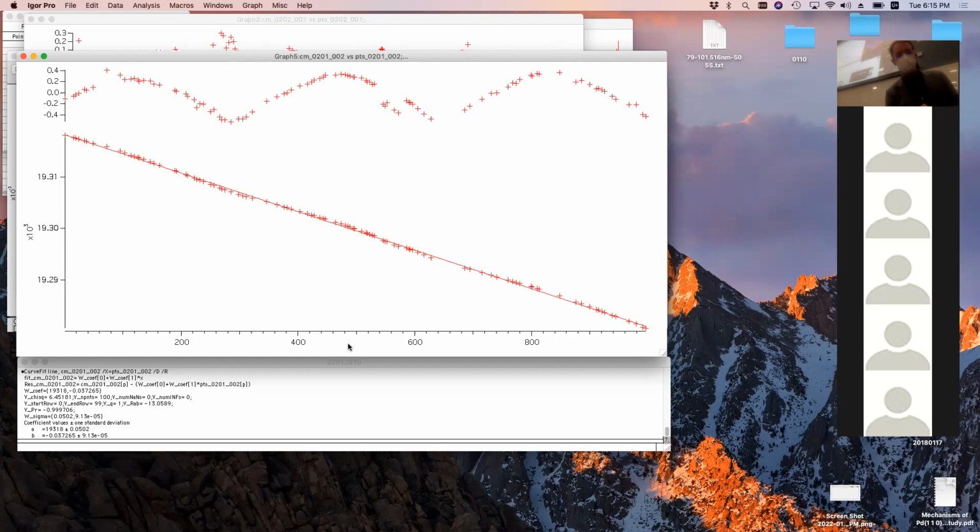And so this plot is the point number along the scan versus the wave number of the light in units of reciprocal centimeters.